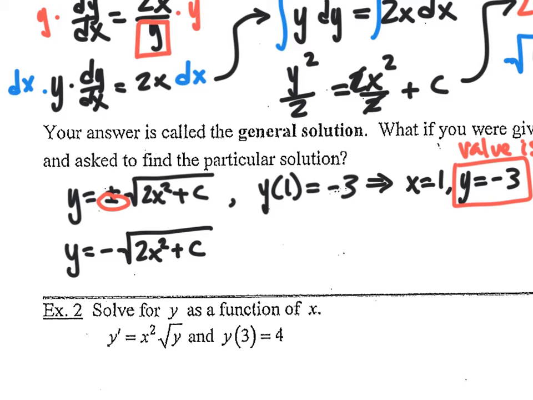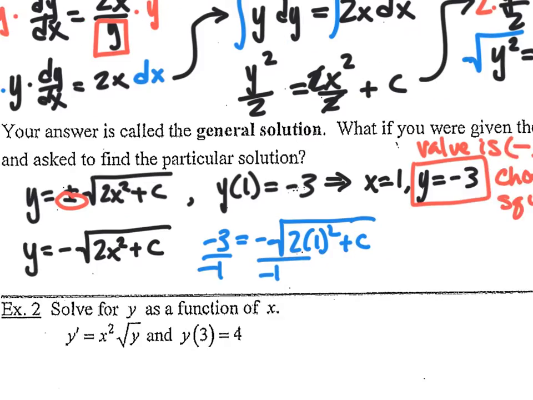So if I plug in negative 3 for y, negative 3 is equal to negative square root of 2 times 1 squared plus c. And then I'm going to divide by negative 1 on both sides.